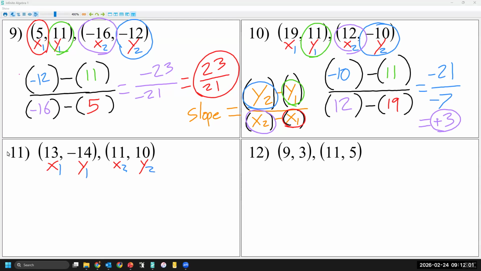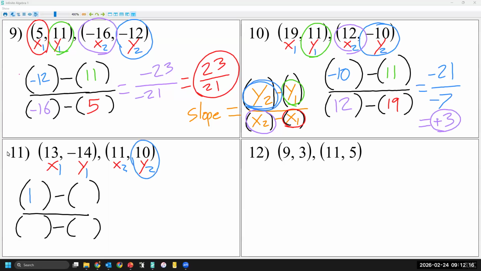So let's plug in to our formula. So I got parentheses minus parentheses. All right. So first thing on my formula was y2. There's y2, it's 10.